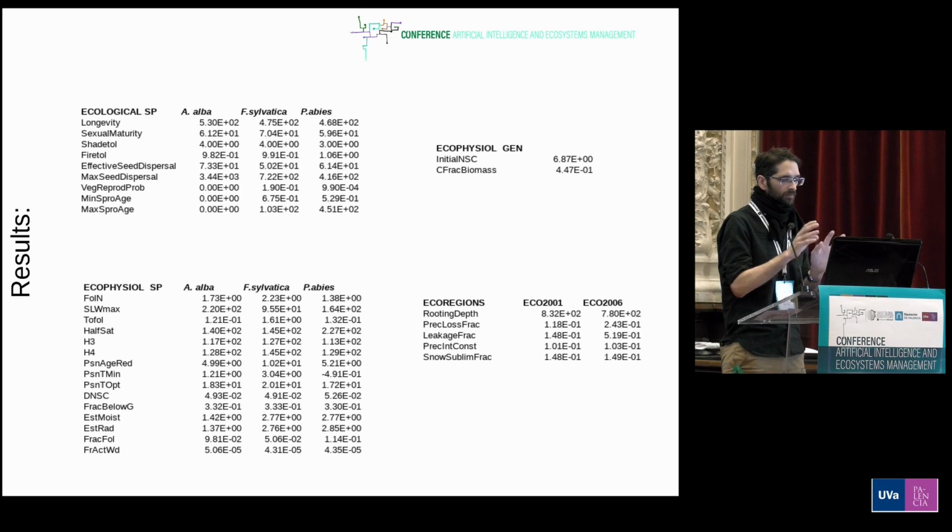This is a very, very small example of the kind of information that this type of algorithm provided. We have ecological data, ecophysiological data is essential, and you can also introduce some genes for some key parameters for ecoregions. For example, some kind of measurements like the rooting depth that you couldn't get from inventories.